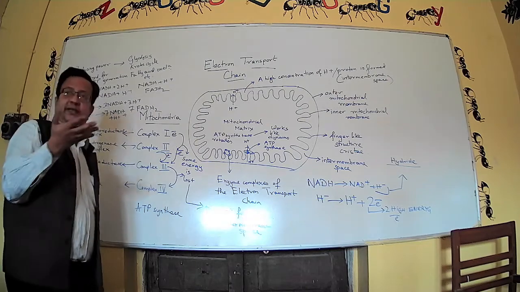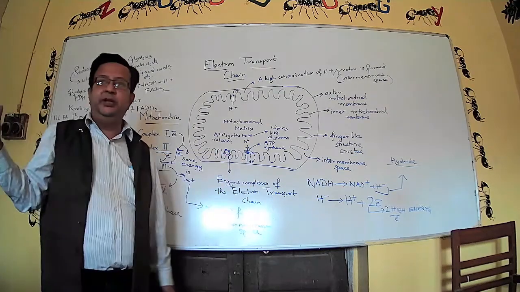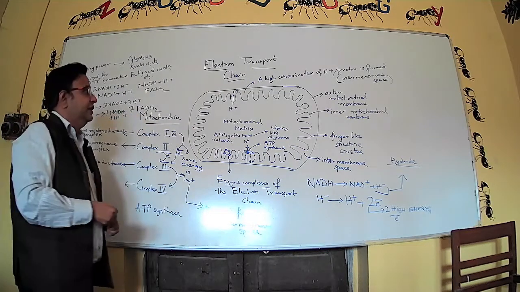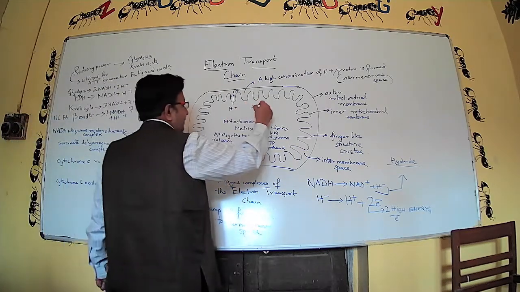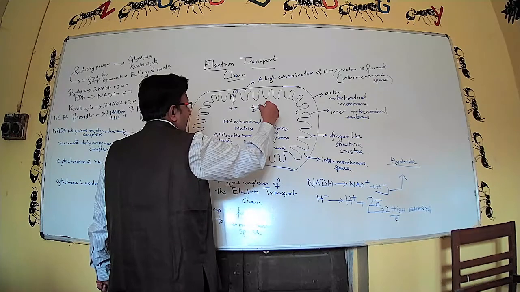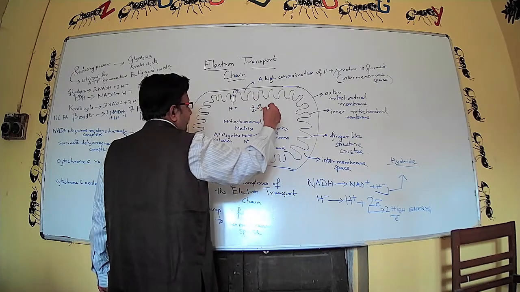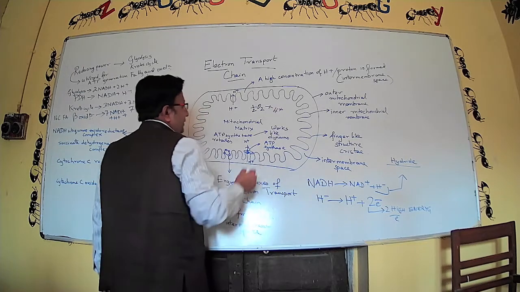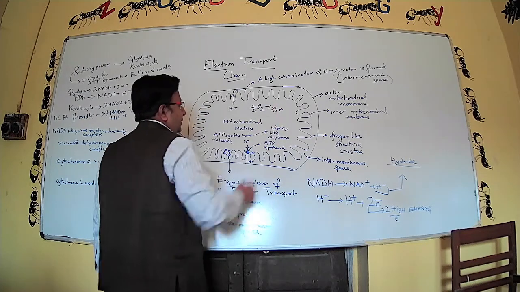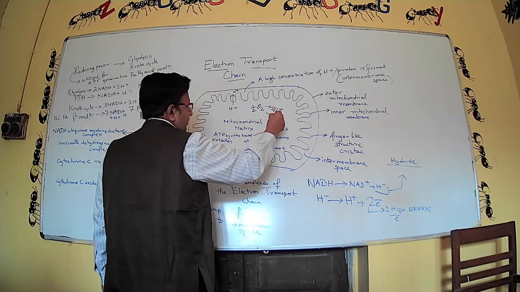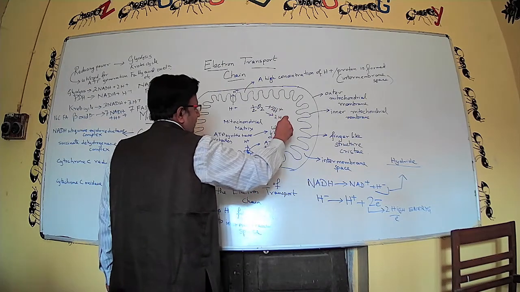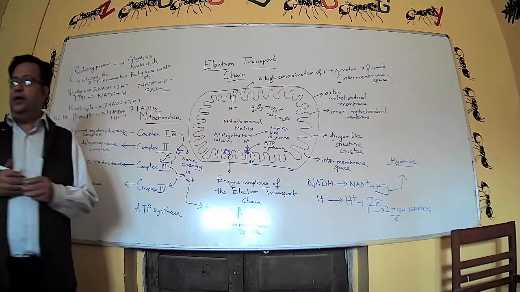And this H plus, which is coming inside, has to be removed. There you need molecular oxygen. So you need half of O2 plus the H plus to form H2O.